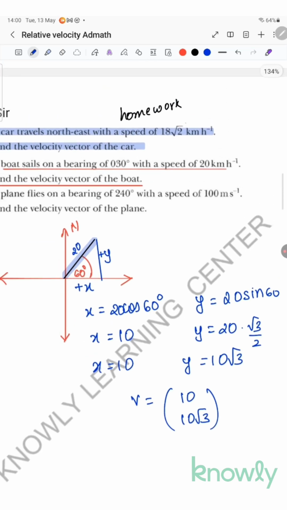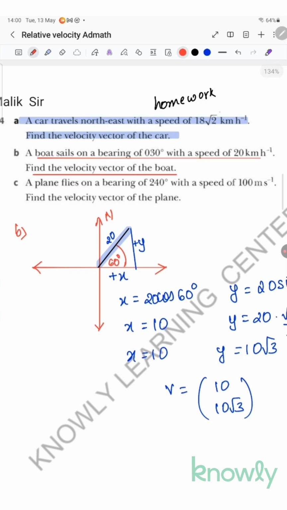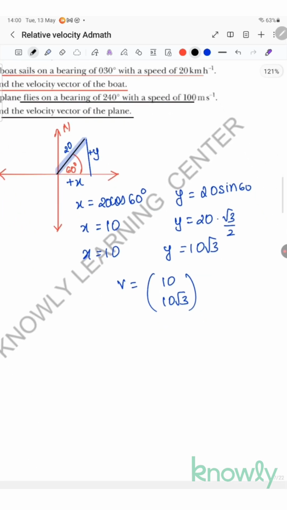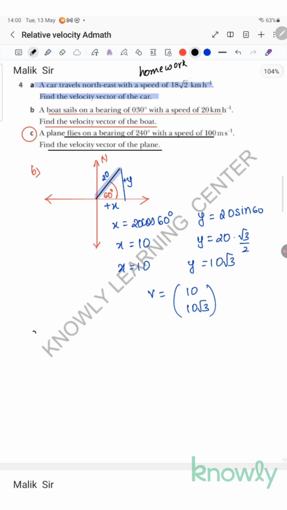I hope you understood. Now the third part of this question. They say a plane flies at the bearing of 240 degrees with the speed of 100 meters per second. Find the velocity vector of the plane. So I'm doing the C part over here.